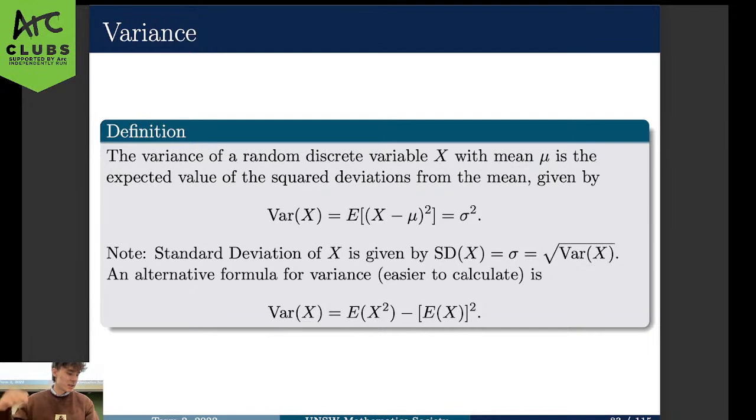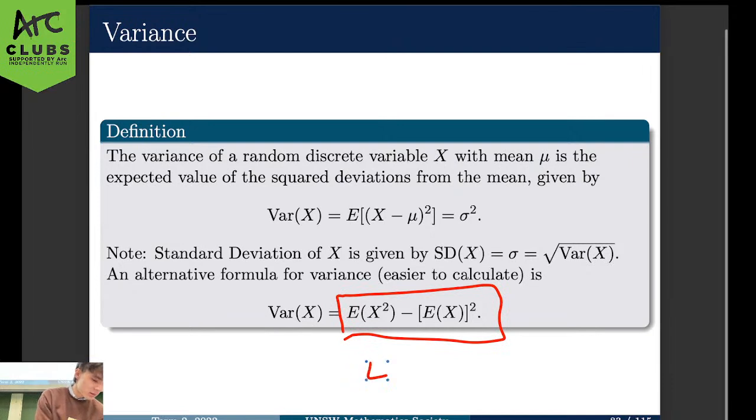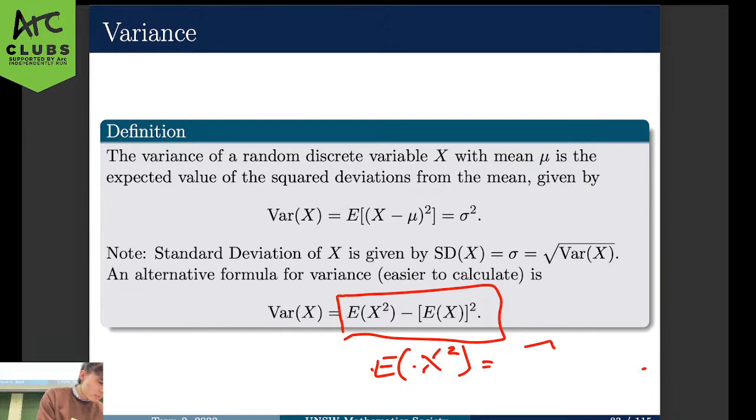And our formula for the variance of x is the expected value of (x minus mu) squared, giving us sigma squared. But that can be calculated more easily by using this expansion. And you can see that E of x squared is going to be equal to the sum of all x squared multiplied by the probability, taken over all k values.